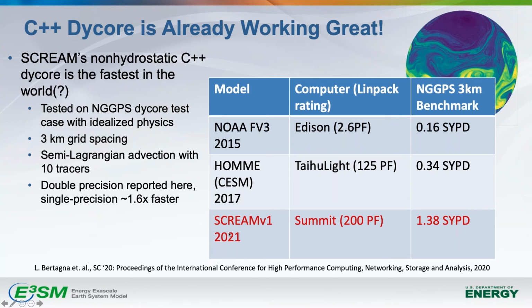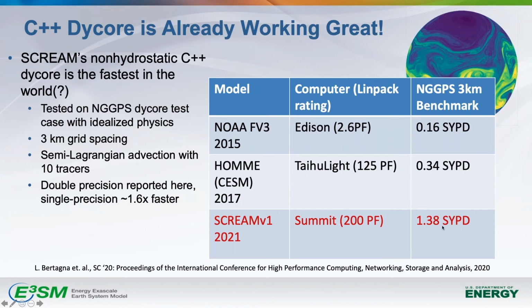But the main punchline here is that if we use basically the entirety of the Summit machine, so this is a GPU machine, you'll remember, and our updated results since the Supercomputing paper, when we include semi-Lagrangian advection, is we're able to get 1.38 simulated years per day for essentially the dycore only.